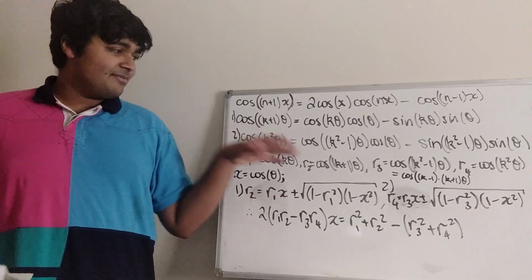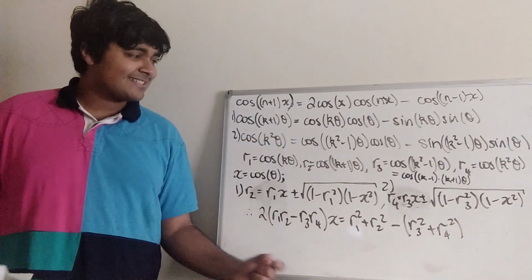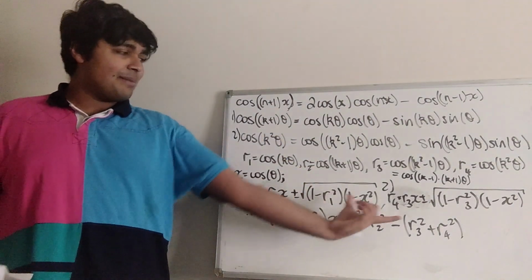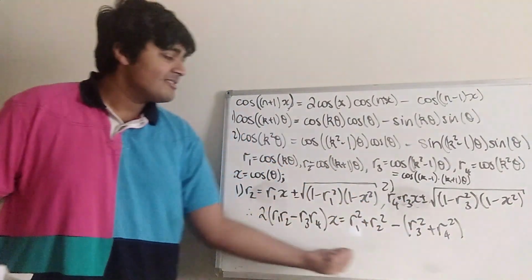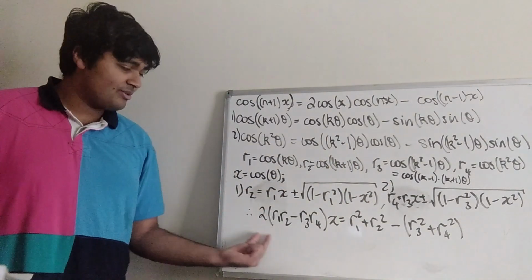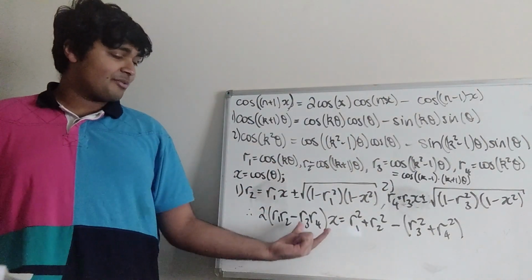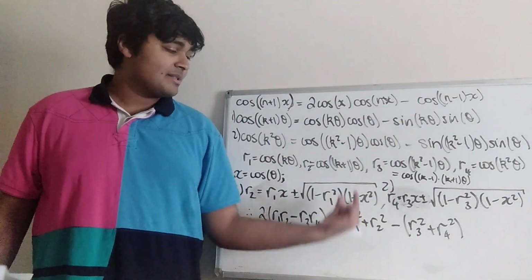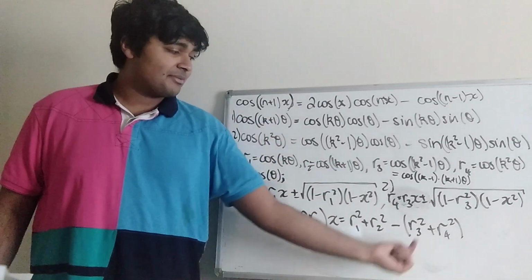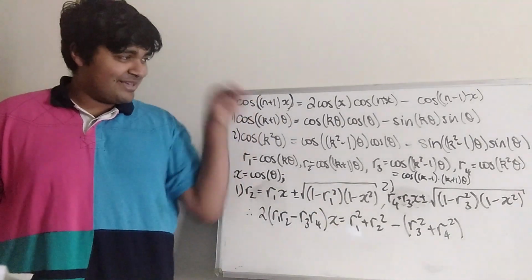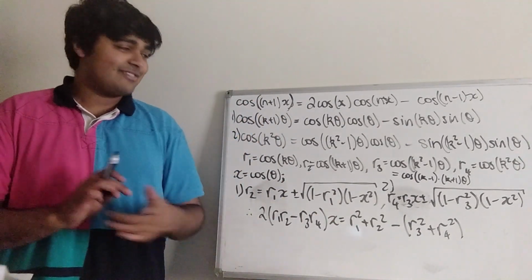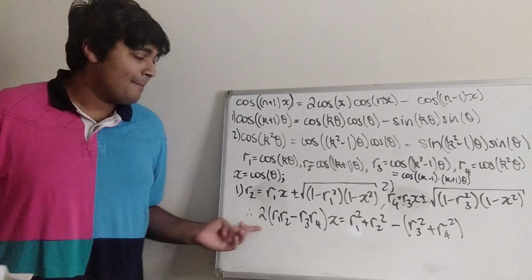We get two equations involving r1, r2, r3, r4 and x, and if we rearrange them, square both sides of each equation and then do some subtracting, it simplifies down to this nice equation here: 2(r1r2 − r3r4)x is equal to r1² + r2² − r3² + r4². That is a long bit of tedious and uninteresting computation, but you arrive at this line here.